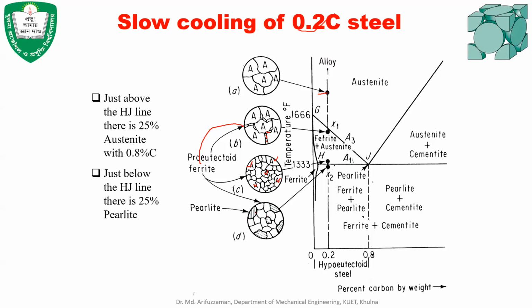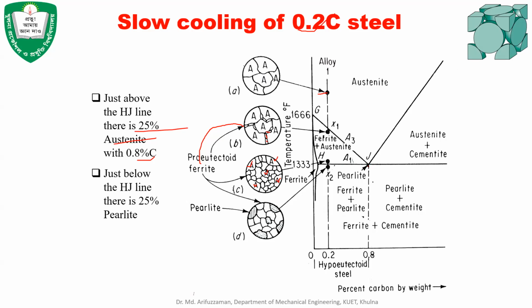If we go to the percentages, just above the AJ line there is 25% austenite and 75% ferrite, with 0.8% carbon in the austenite.